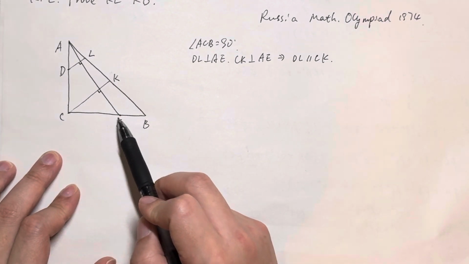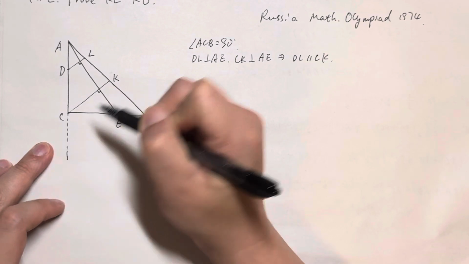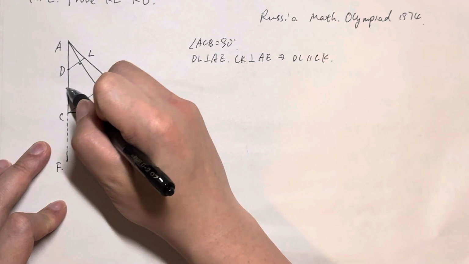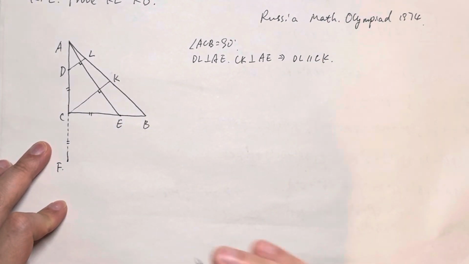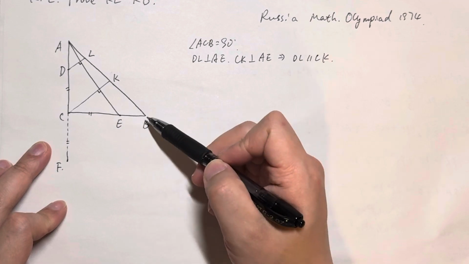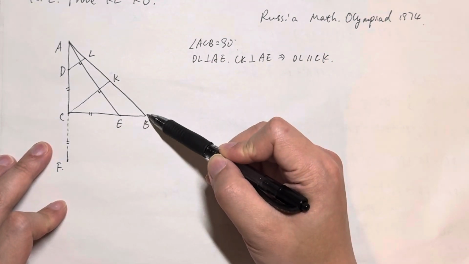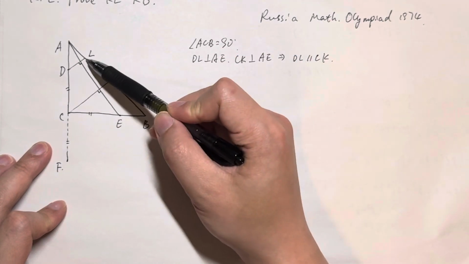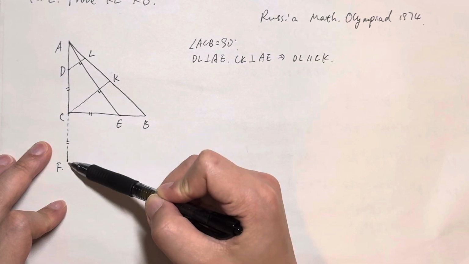So it's very natural that we think of extending CB to another point F, making CF equal to CD. Let's just assume that LK equals KB. Assume this is valid, which means LK equals KB, CD equals CF.